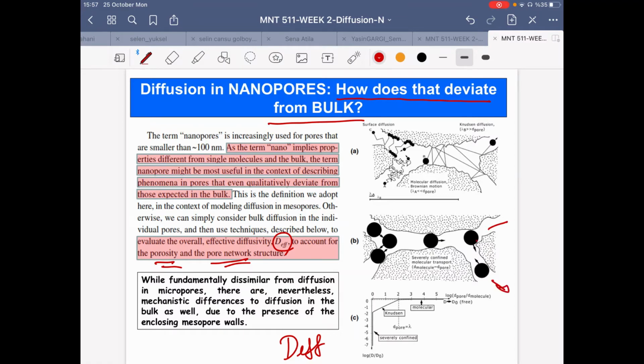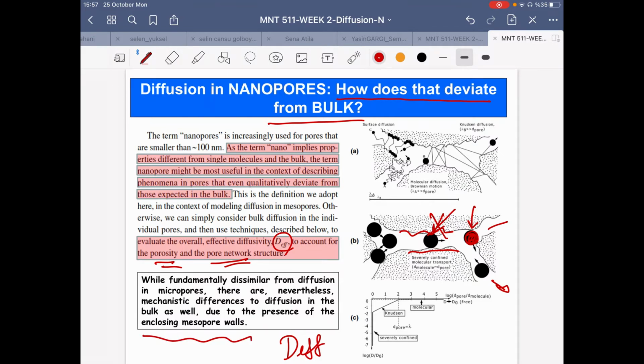You want this molecule to pass, you don't want this molecule to pass, and you try to change these connectivities. That's going to allow this molecule and block this molecule, for example. So that's why these theoretical studies become a big deal at some point. While fundamentally dissimilar from diffusion in micropores, there are nevertheless mechanistic differences to diffusion in the bulk as well, due to the presence of the enclosing mesopore walls.